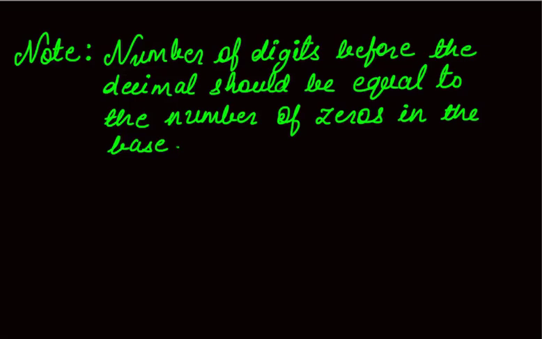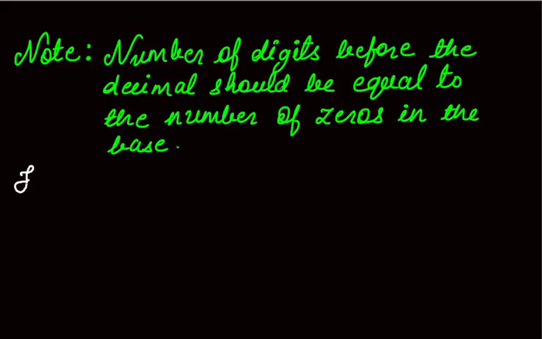Note that the same formula is applicable for decimals as well, but make sure that the number of digits before the decimal is exactly equal to the number of zeros in the base.